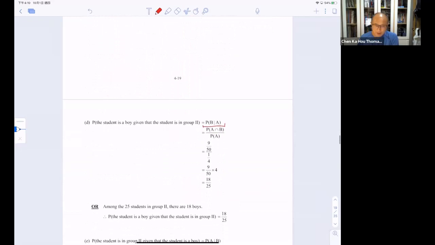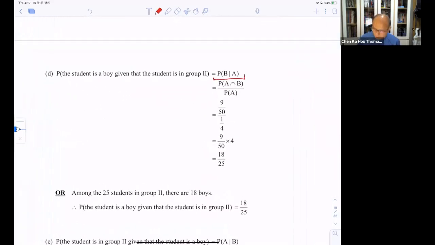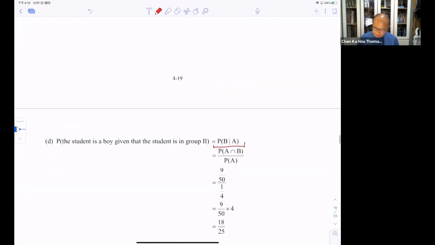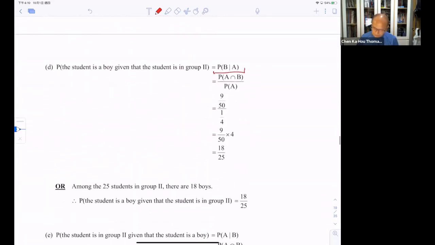So B given A, by using the equation, is A and B over PA. A and B copy from C, PA is copied from A, so you did it. Get it? Use the equation.